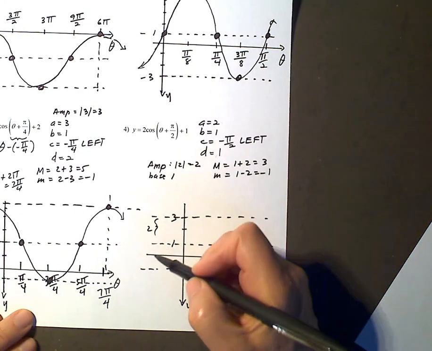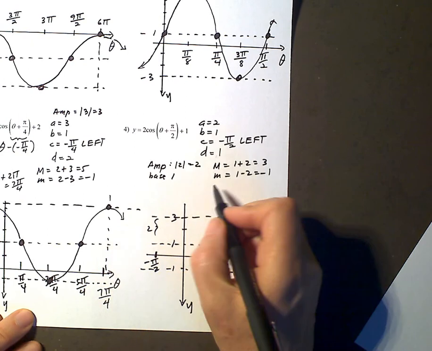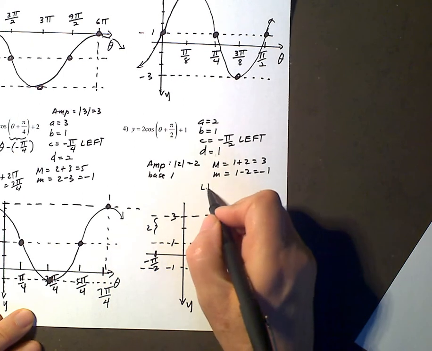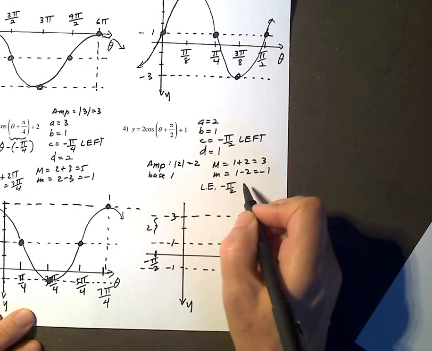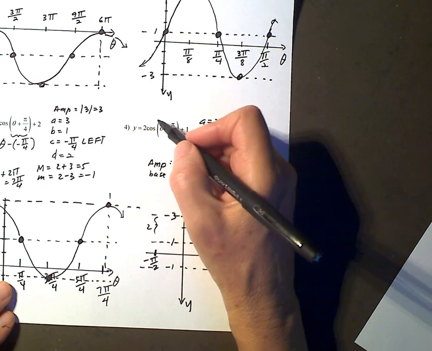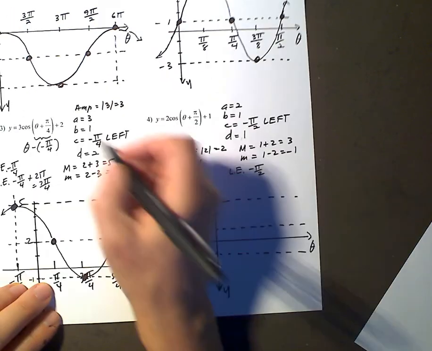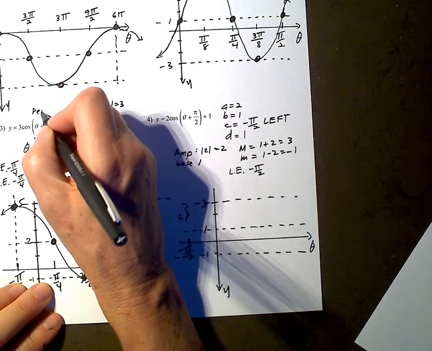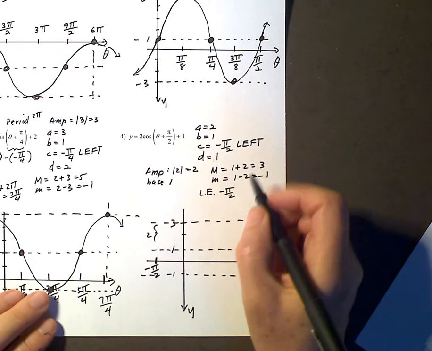So if I just make this negative pi over 2, my left edge of my function, if it starts at negative pi over 2 and goes 1 period, let's see what the period is. Well, b is still 1, so the period is 2 pi, and that's also something I forgot to write in on number 3. The period is just 2 pi, and same with this one.